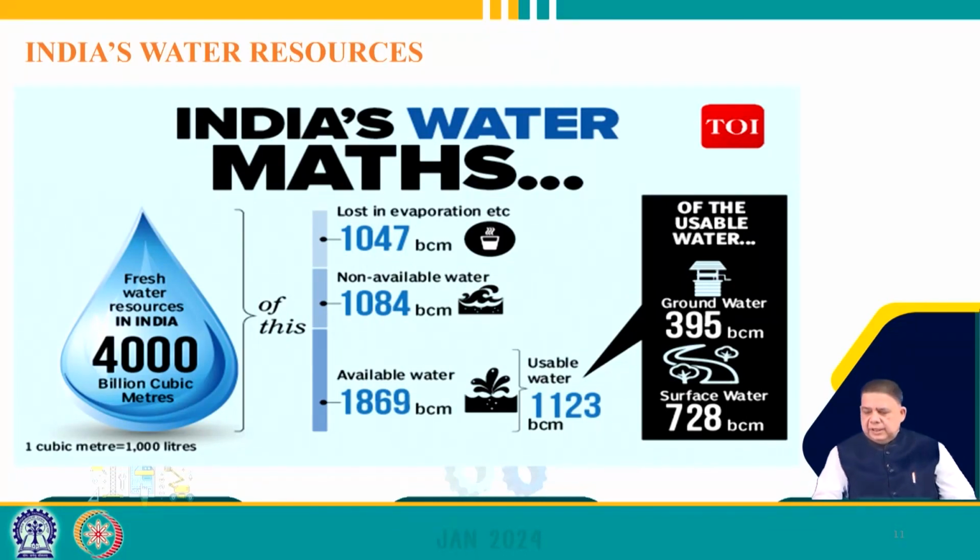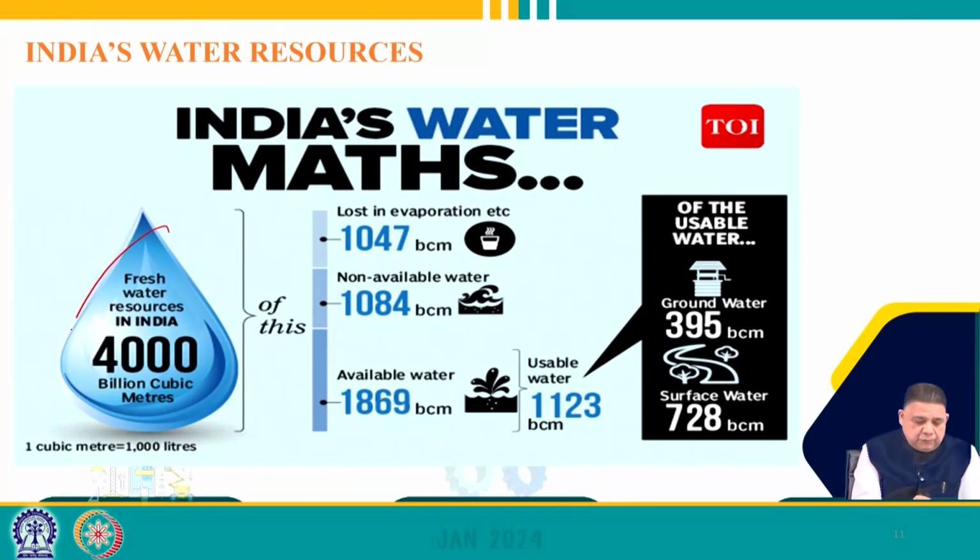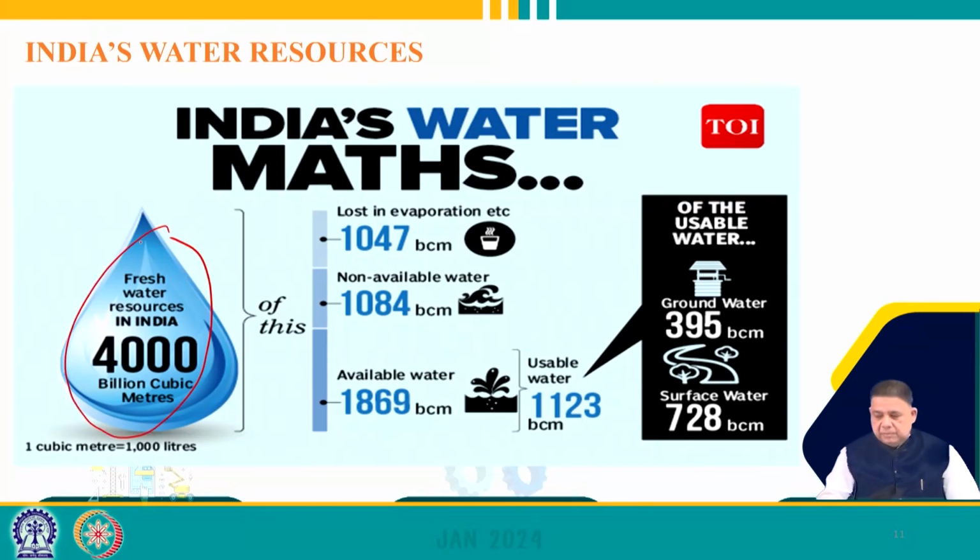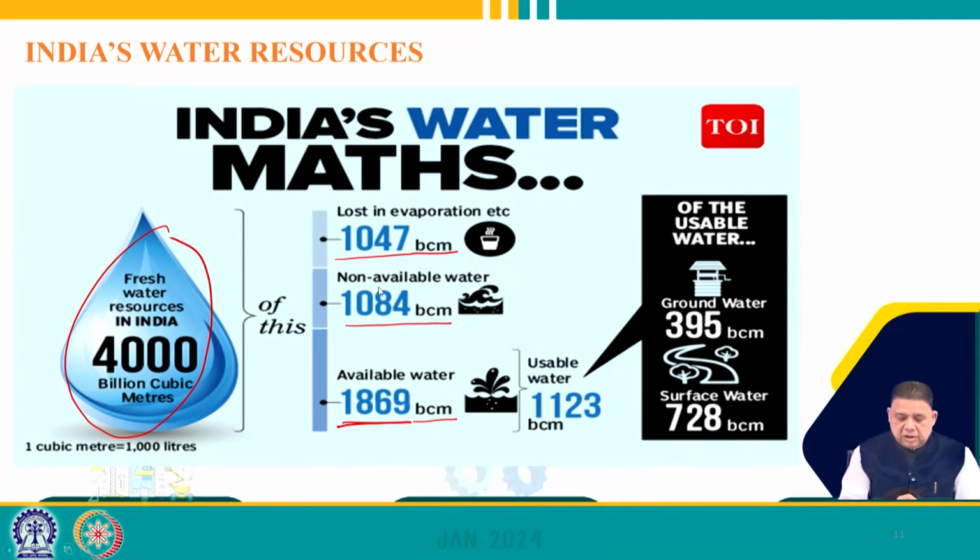Now, coming to India's water mass, we have a total of 4,000 billion cubic meters of water, out of which available water is 1,869 billion cubic meters, because 1,047 billion cubic meters is lost in evaporation and 1,084 billion cubic meters is non-available.